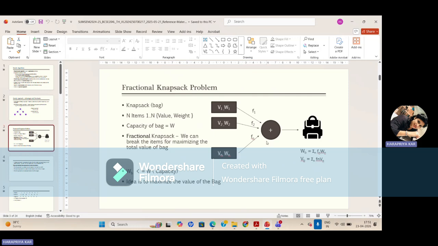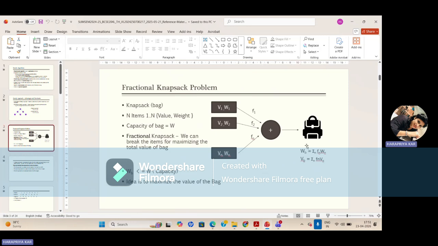Then V of B, the value of the bag, is the summation over n of f of n times b of n. That means how much value there is. This formula is very important because at the end we have to sum up and maximize the value of the particular bag. The weight of the bag always goes with the summation of f of n and w of n.